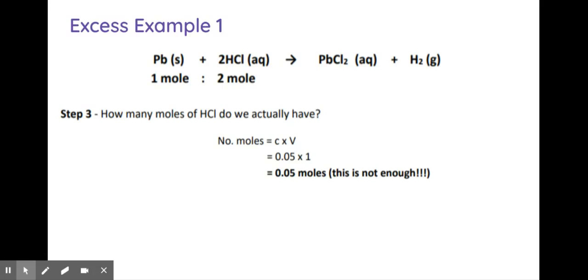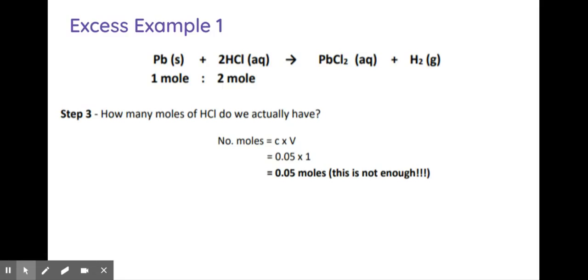For this, in the question we were given a concentration and a volume. This is where your National 5 knowledge really comes in super handy. Your number of moles equals concentration times volume. Your concentration is 1 and your volume is 50 centimetres cubed, which ends up being 0.05.